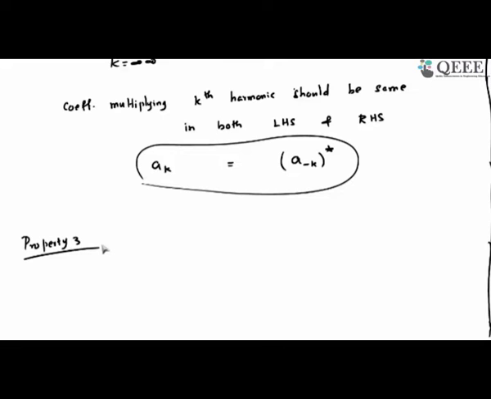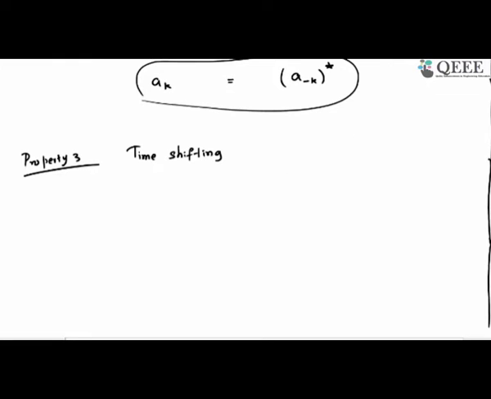Okay, so the next property is related to time shifting. Suppose x of t has Fourier series coefficients a k. Now let us delay the signal by some t naught.